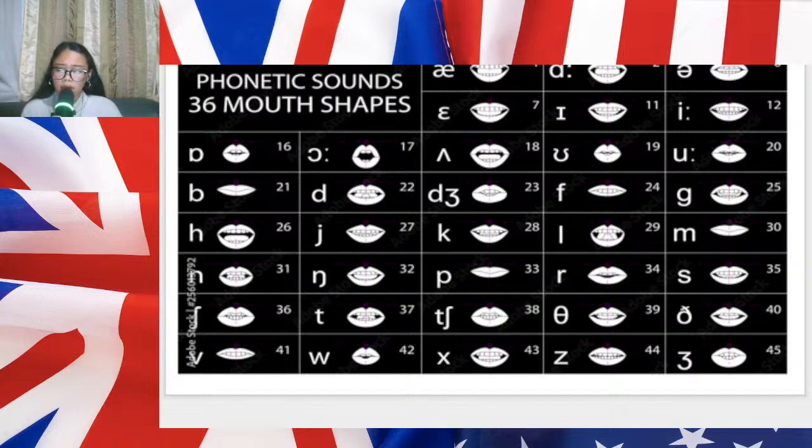I don't know where to begin actually. More successful in that particular aspect. All right. That's good. That's the IPA transcription if you're familiar with it.